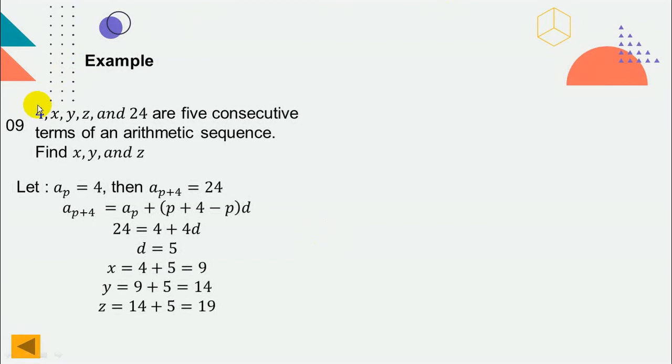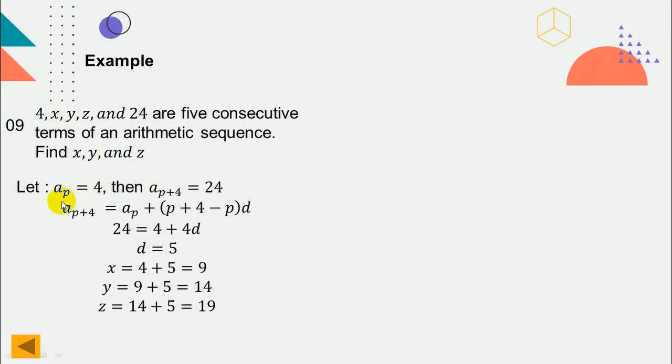Because the purpose of using the advanced general term, we can symbolize the first term 4 as P. And then 4 to 25 is P plus 4.